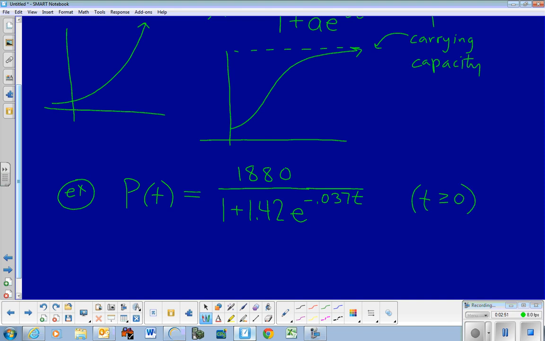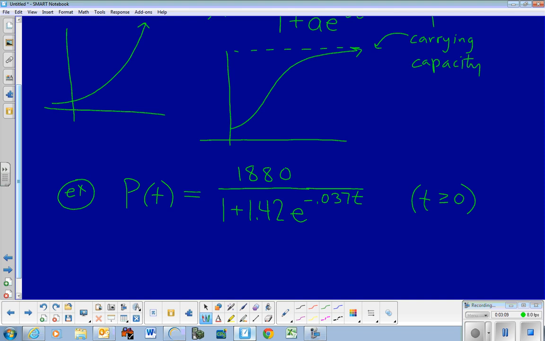If you think about the structure of this expression, 1.42 e to the negative 0.037 t, and this is a little bit advanced, more of a calculus idea, what's going to happen as time passes?